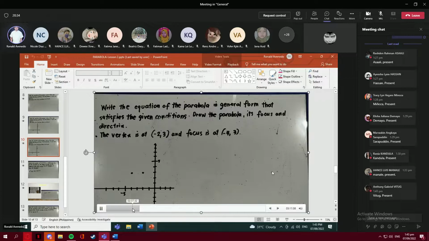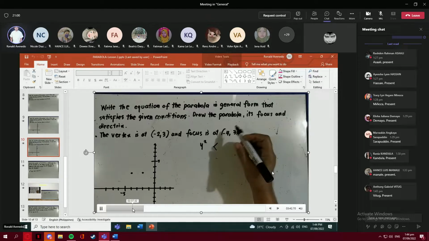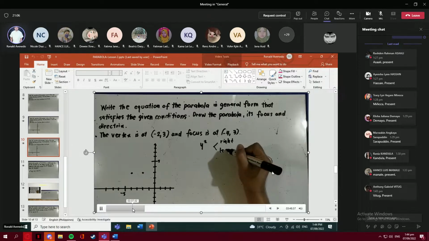So here, we need to familiarize the different conditions of the graph of a parabola. Okay, shortcut ito. So ito lang yung mga tandaan natin na madali lang siyang i-memorize. So if the equation contains y squared, then the graph is open either to the right or open to the left.